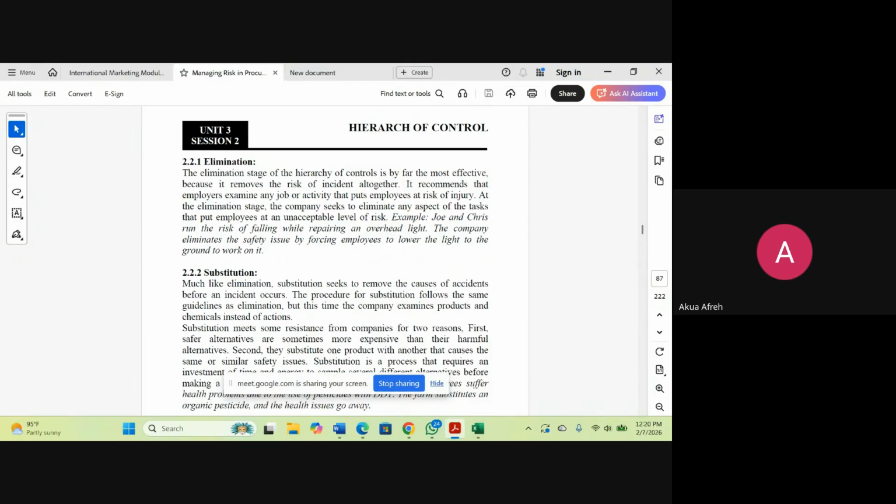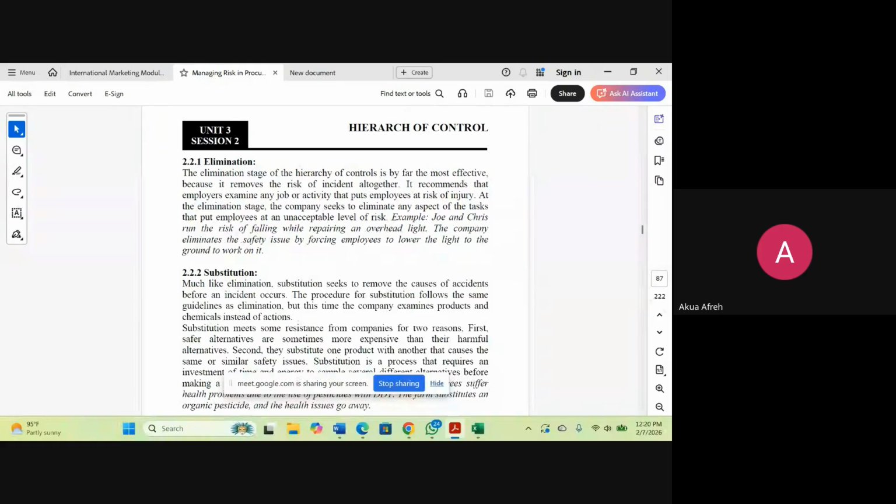So let's say you have naked wires in your workshop or in any of your factories, and you know that if there is contact with any human being, there will be a shock and probably the death of that employee.